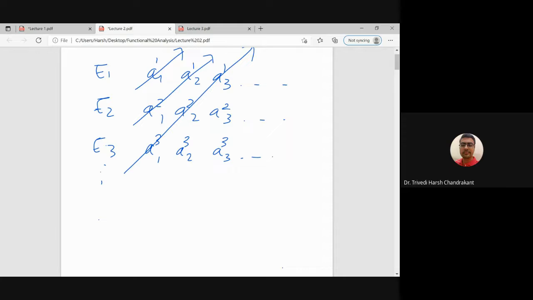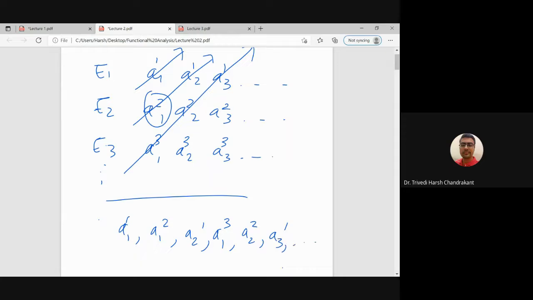That means we can make a new sequence out of these sets, where the first element is A11, then the second element is A12, A21, right? So these and these, and then we will go A13, A22, A31. So that is the third arrow, and so on.